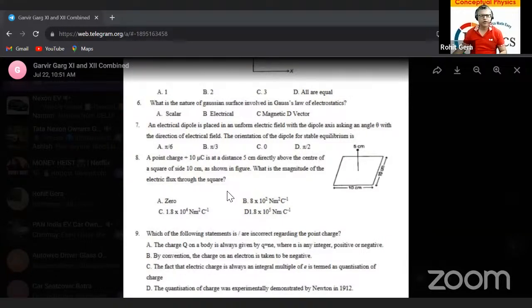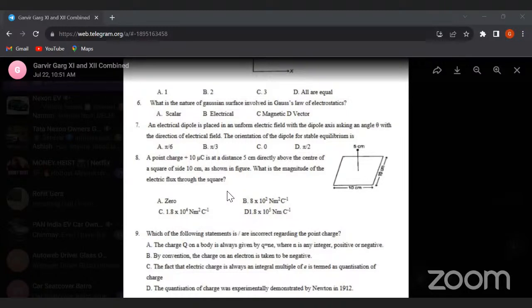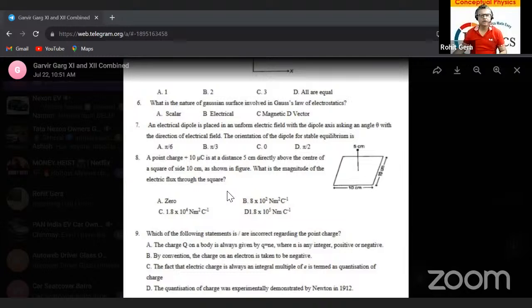A charge on a body is always given by Q is equal to NE. Yes. By convention, the charge on the electron. Yes. The fact that electric charge is always an integral multiple is quantization. By quantization, right? The charge Q on a body.